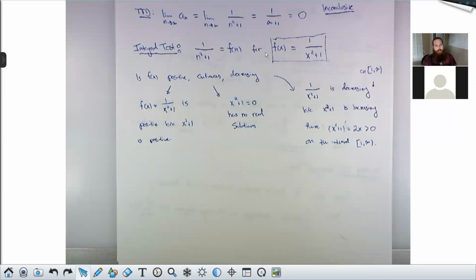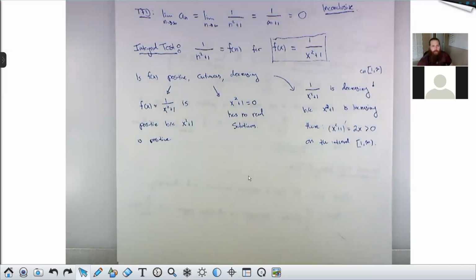Oh, well, if the denominator is never 0, then this thing has to be continuous everywhere because it's a rational function. And then to get decreasing, this is 1 over something. So you might check that the something downstairs is increasing, and the reciprocal of an increasing function is always decreasing. So yeah, sneaky, fast ways to get these things.